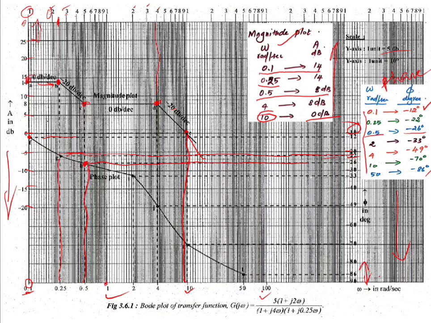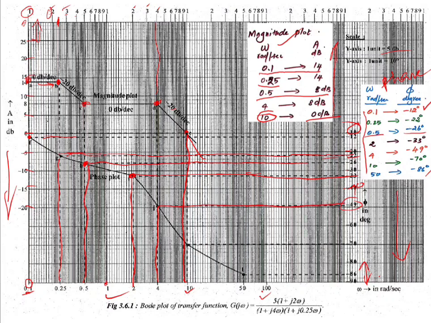Then 2 radians, it's around minus 33 degree. Minus 30 degree, below minus 30 degree. So it's somewhere here. This is 2. Then 4 is here, and the phase angle is 49. 49 is below minus 40. This is minus 40, and it is somewhere here near this one.